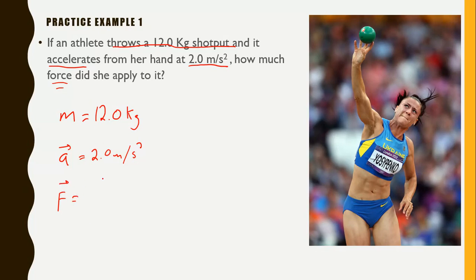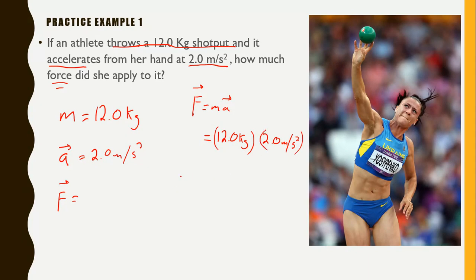Remember, you guys, you get a point for writing down your variables. You get a point for putting down your formula and then manipulating it if we have to, but the formula is okay the way that it stands right here, so we just substitute in our values. 12.0 kilograms is the mass. The acceleration is 2.0 meters per second squared.